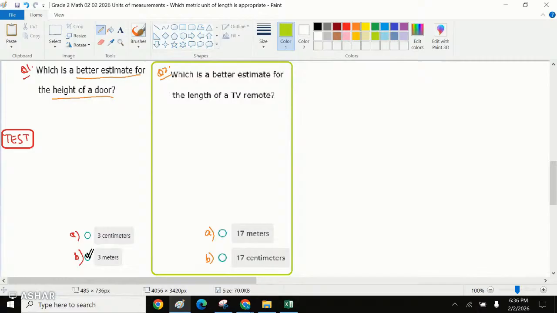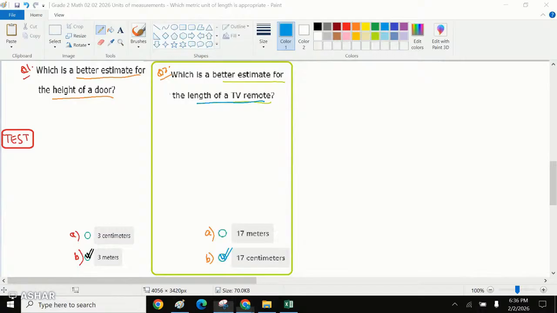Yes, 3 meters was correct. What about the next one? Yes, thank you. Option number B, 17 centimeters is correct. Let's move ahead.